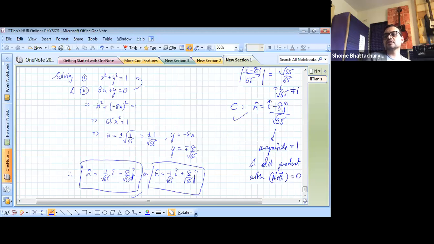So that is why C is the correct option, or it is this one. So you can solve directly also, but you can also solve by just checking the dot product condition on the options. That's the easier way of doing this question.